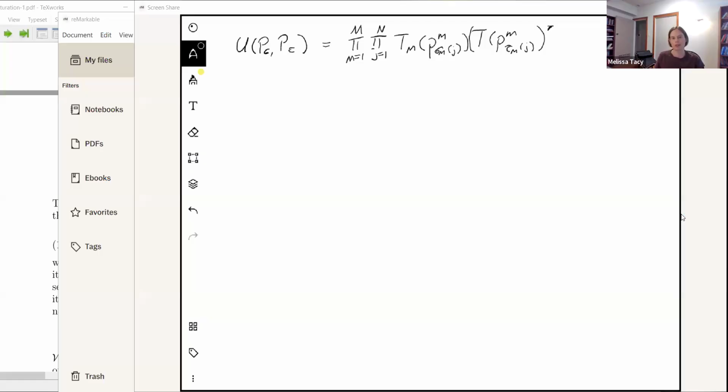And that's what I'm going to be using to introduce the idea of loops.